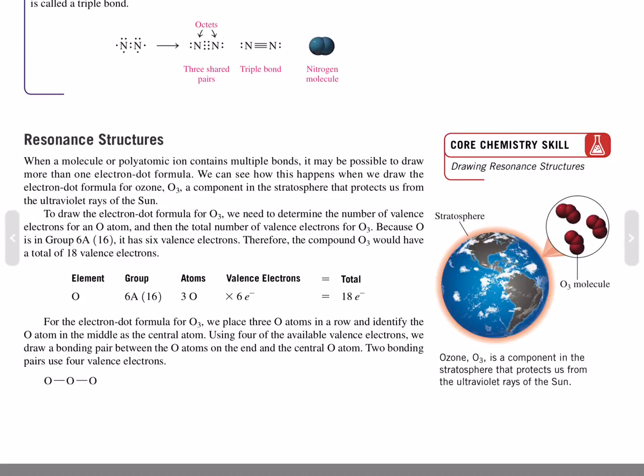For the electron dot formula of O3, we place 3 oxygen atoms in a row and identify the oxygen atom in the middle as the central atom. Using 4 of the available valence electrons, we draw a bonding pair between the oxygens on the ends and the central oxygen atom. 2 bonding pairs use 4 valence electrons.